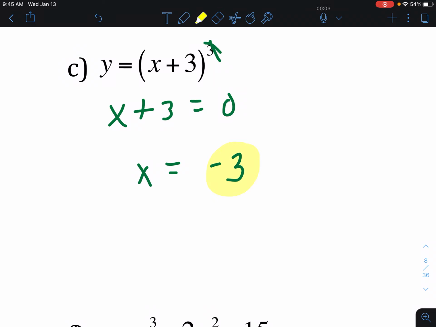So we have 1 zero, and that is when it crosses the x-axis at -3. The reason we call them zeros is because the points are when the y is 0. The thing I drew earlier, all of the points, it was like (4, 0), (1, 0), (-3, 0).